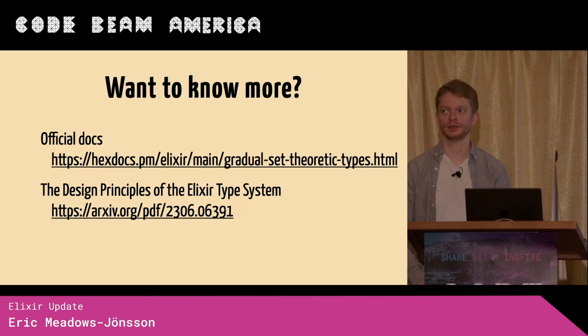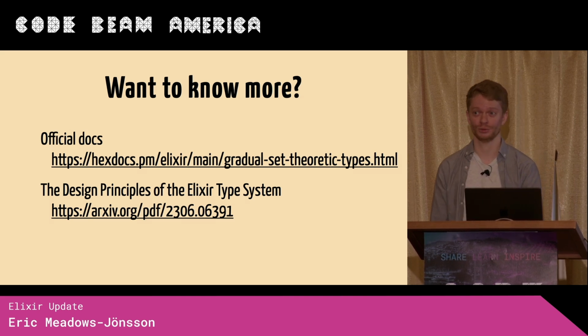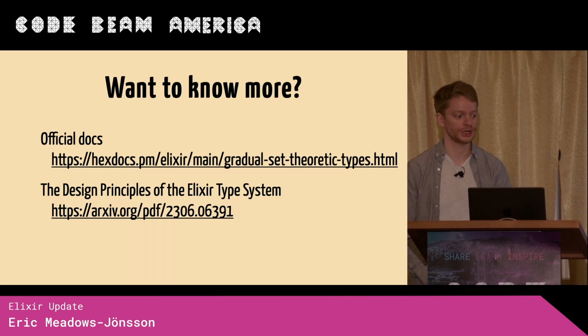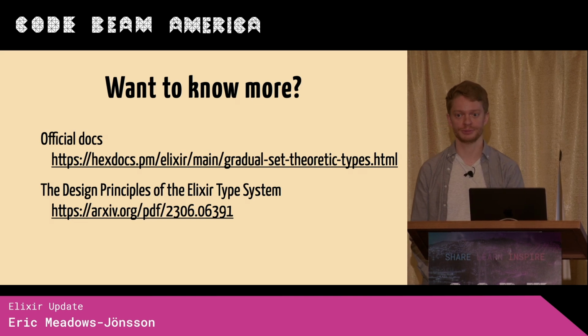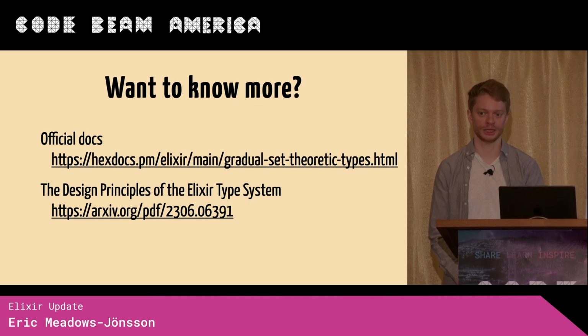Today, the only value will be that we know that it's a struct and possibly what struct it is, but it doesn't know anything about the fields today. And even in 1.19, that won't change. But in 1.20, when you will be able to specify types, it will get a lot of value from that.